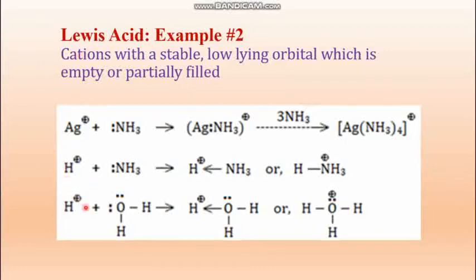So they are all Lewis acids. They can react with Lewis bases like ammonia and H2O. Here silver reacts with 4 ammonia molecules, and finally forms this square planar complex, tetraamminesilver plus. On the other hand, ammonium ion is formed from this Lewis acid-base reaction, and hydroxonium ion is formed from this Lewis acid-base reaction.